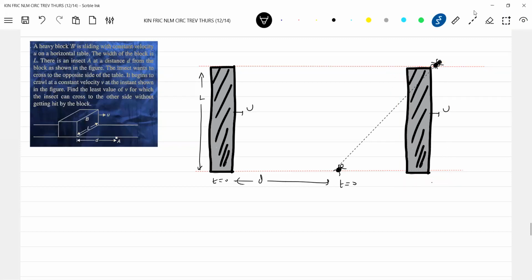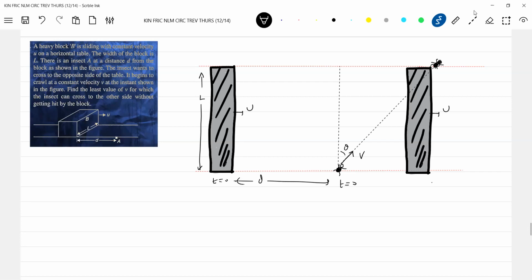This was the diagram that is being asked about. Now let's get into the mathematical part. The ant should crawl with a speed v, and that speed should be minimized.